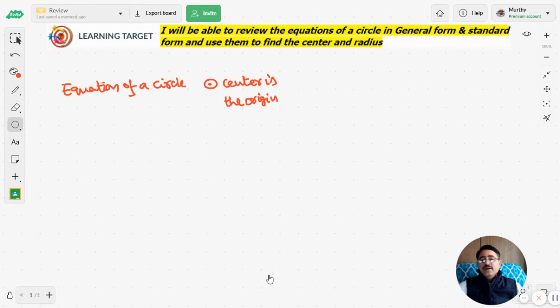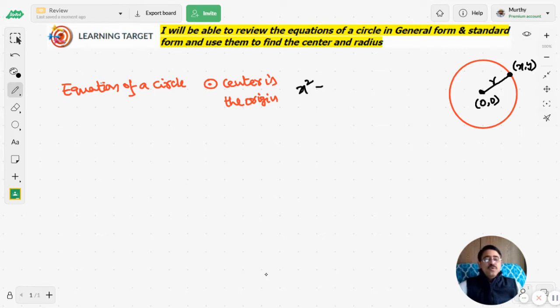Let's say you are given a circle and you know that the center of the circle is the origin. That means here this is 0, 0 and a point is marked on the circle. This is the radius. Therefore, it is x squared plus y squared equals radius squared.